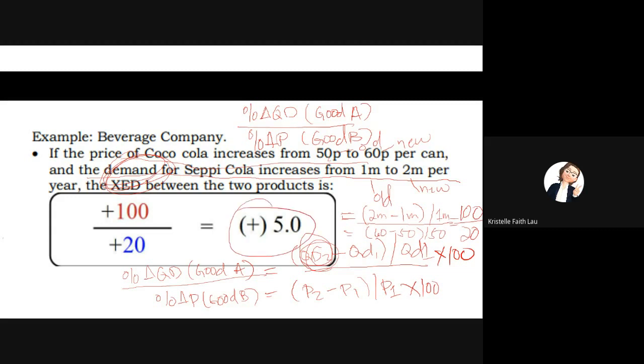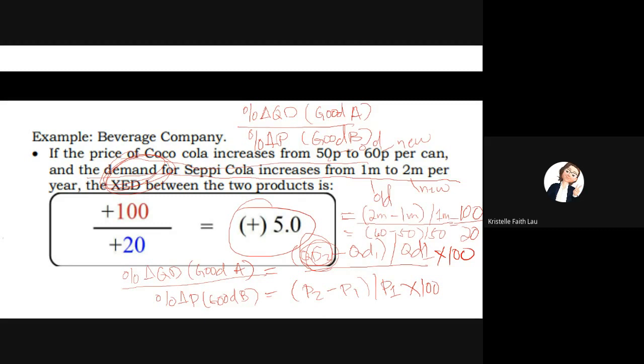Class, for the interpretation here, if ang said daw natin or the cross elasticity of demand is positive, dalawa lang choices natin dito, it is either positive or negative. So, if positive yung sa said natin, it means na yung related goods are substitute. So, example, si Coca-Cola and the Pepsi Cola are substitute to each other.